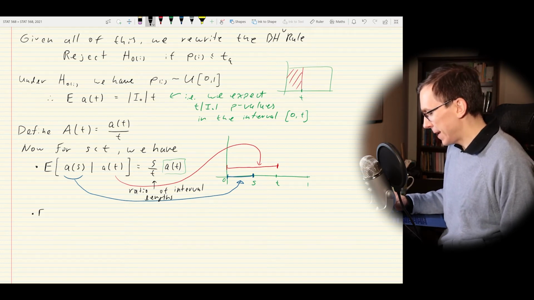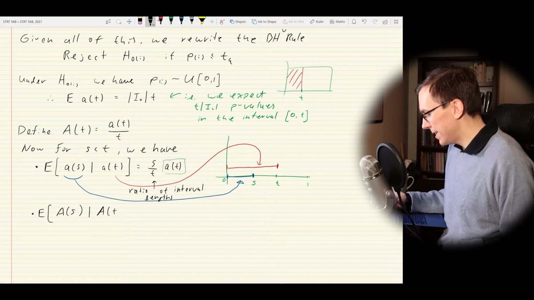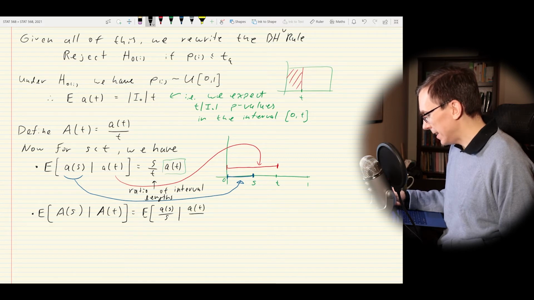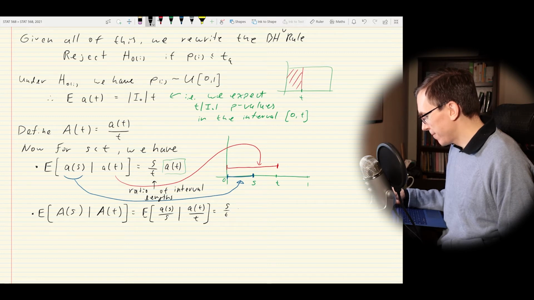We have the expected value of A-bar S given A-bar T. Well, what's that going to be? That's just the expected value of AS divided by S given AT divided by T. It's what we had above, S over T, AT, but we have to divide by that S from here.